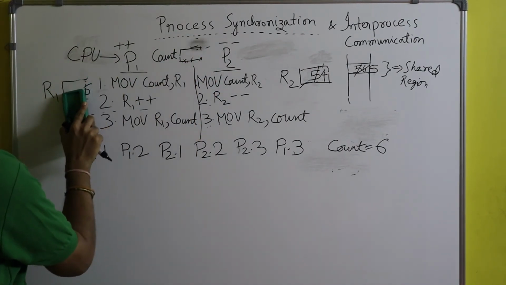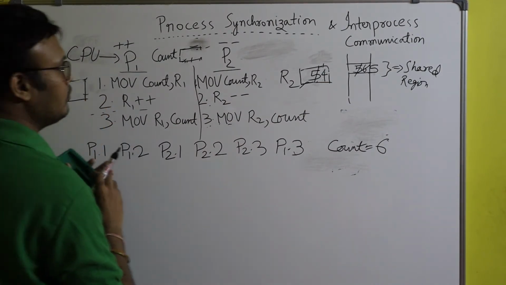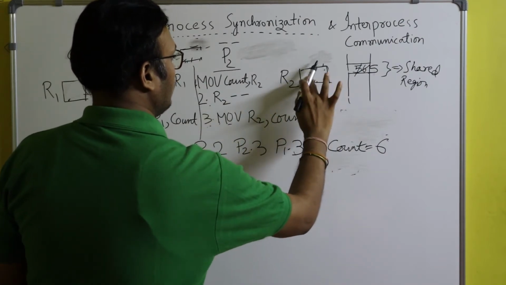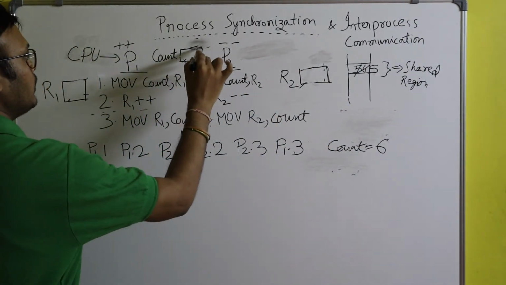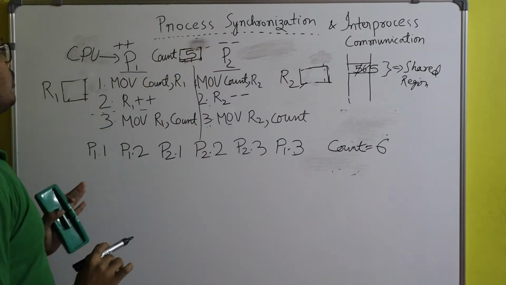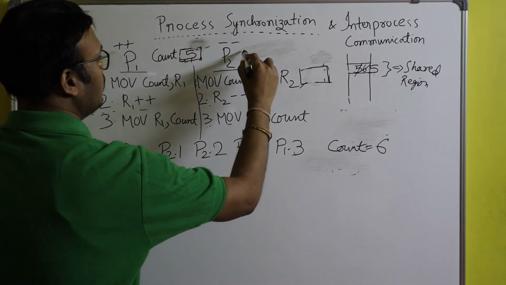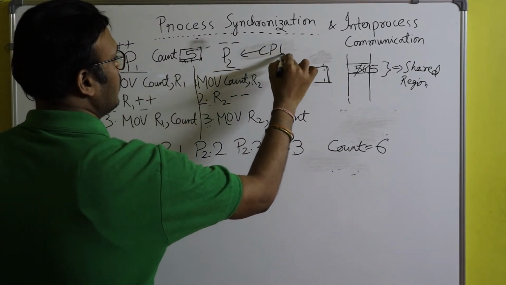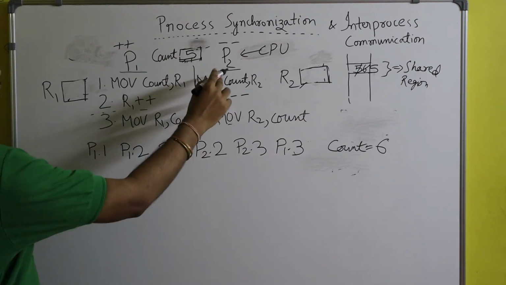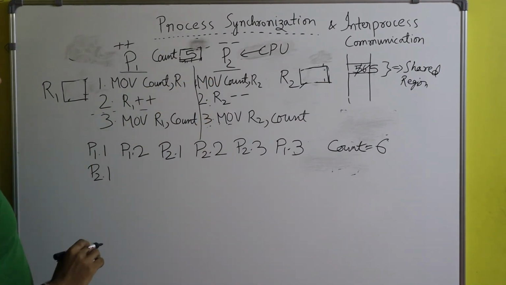So let's start from the beginning. Now suppose the value of count is 5, and the CPU is with process P2 now. Process P2 starts first. So process P2 will execute its line number 1.